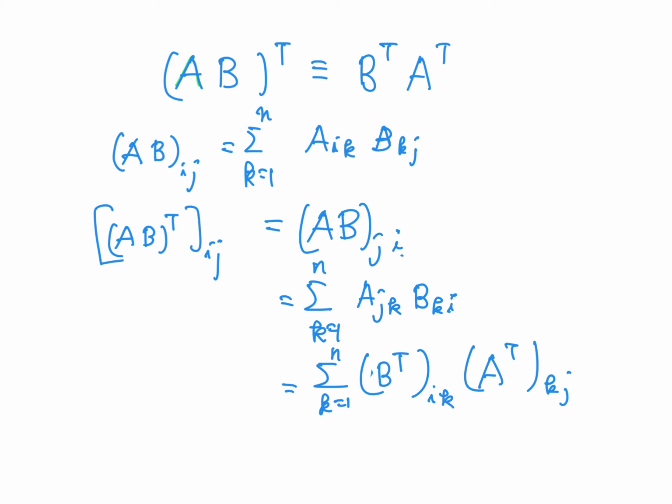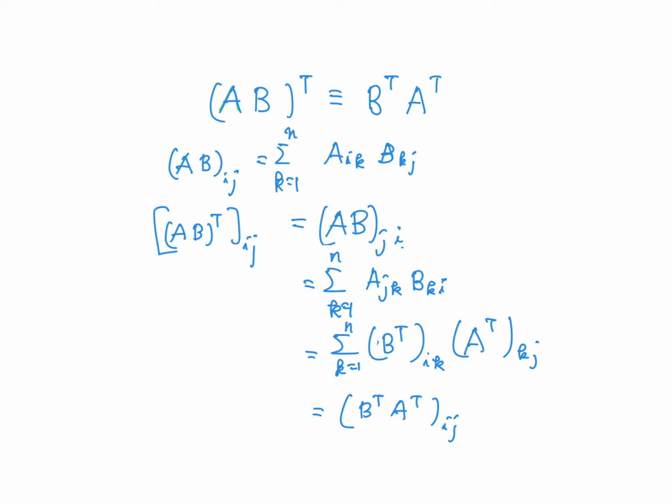So it can be written as (B^T A^T)_ij. So component-wise, we can easily show that the transpose of AB is the same as B transpose times A transpose.